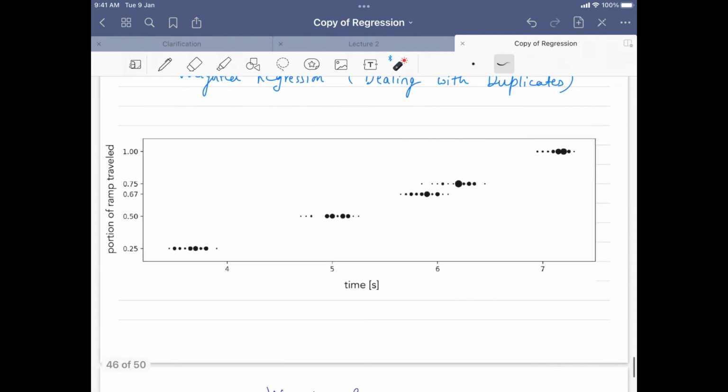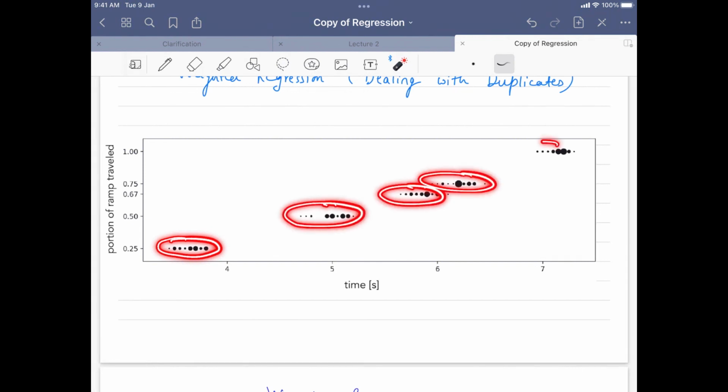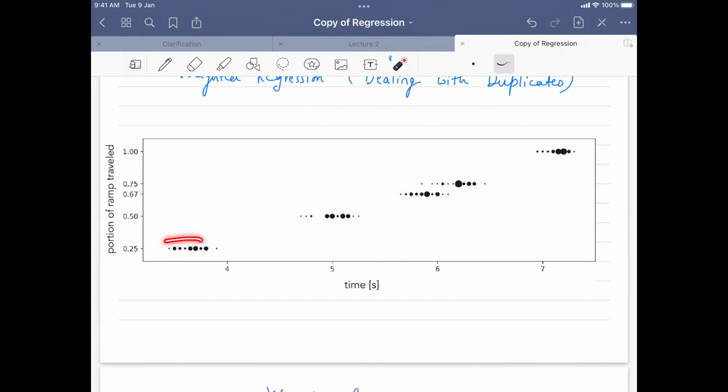If you see here, we have a plot of the data for a particular experiment. In this experiment, when the person is performing the experiment, there are some values it is getting. Let us say it is getting 0.256. Another value it gets is 0.257.